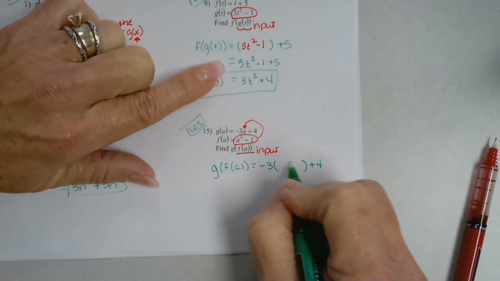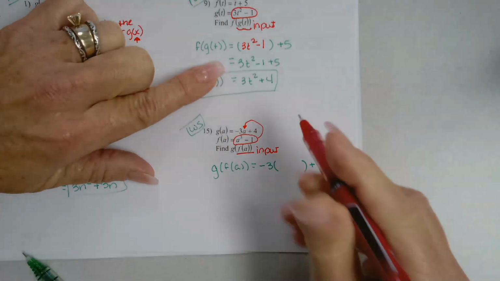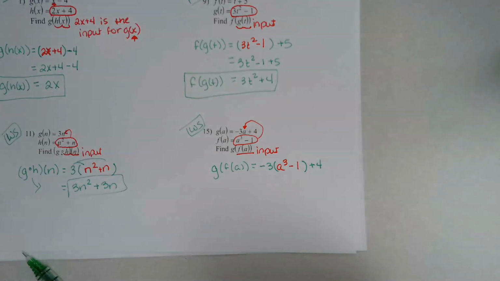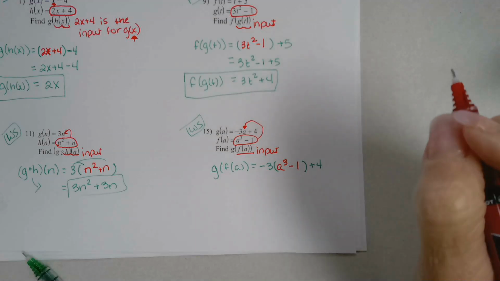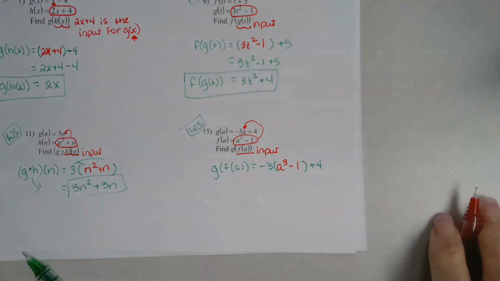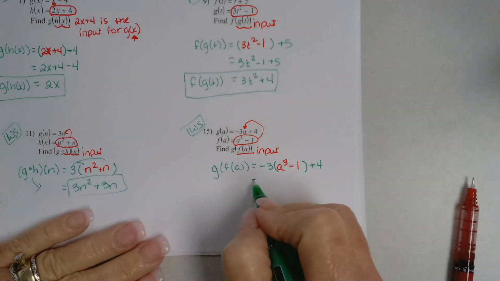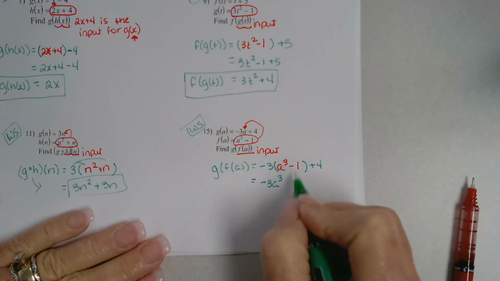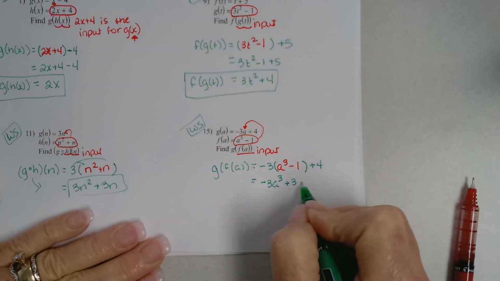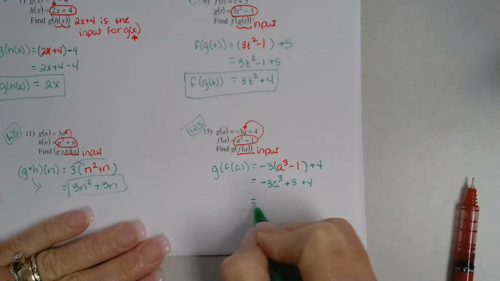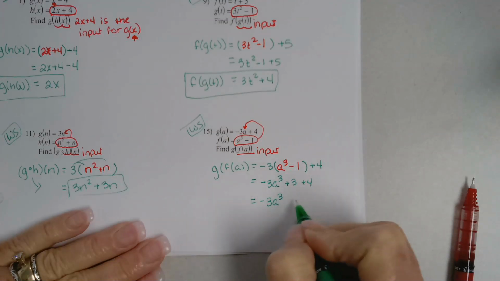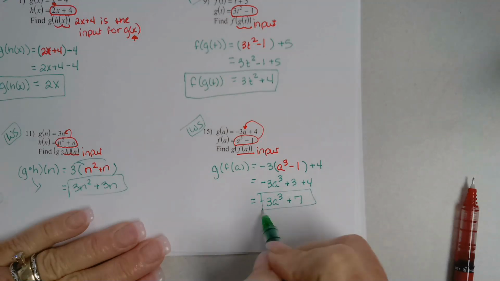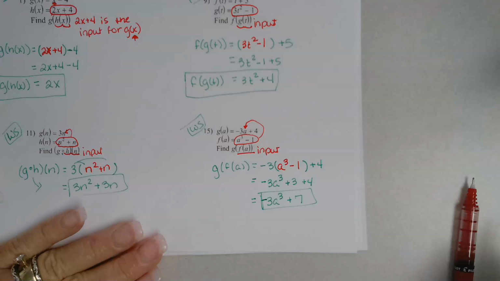So now I know right where I need to replace the variable with a to the third -1. Then you're going to just finish that off by distributing the -3. Got a +3 here, and then a +4, and then combine your like terms. So you have -3a to the third +7. And this is your composition of the two functions here.